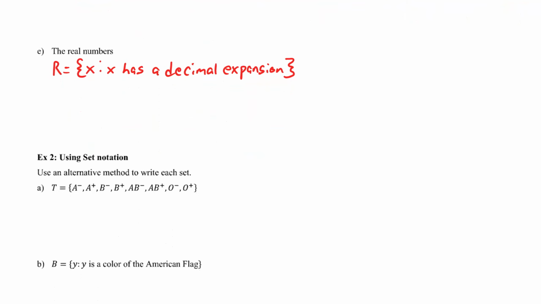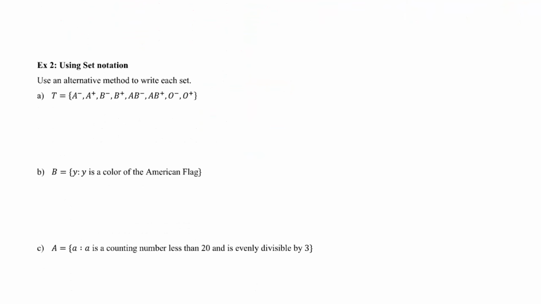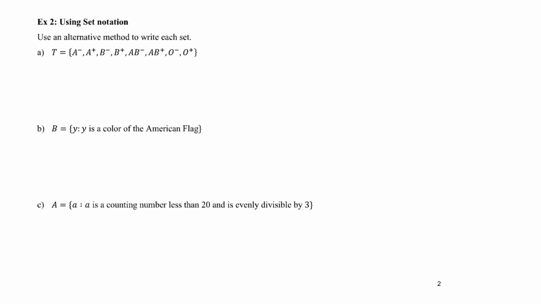So our next example gives us some sets, and it wants us to use a different format to just rewrite the given set. So with part A, we have set T. Looking at this set, we notice that all of these are different blood types.